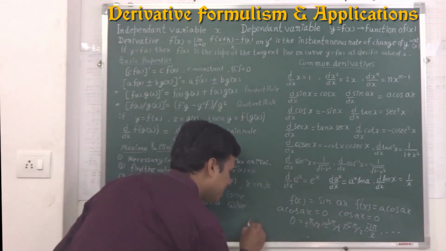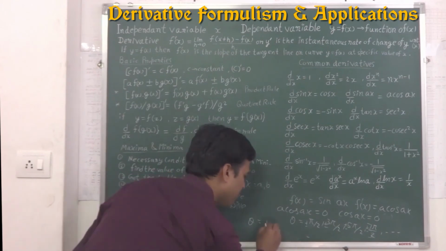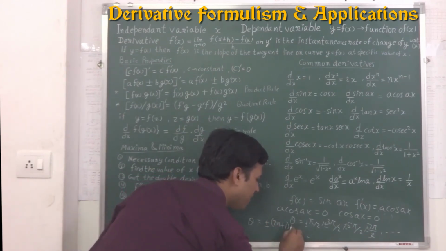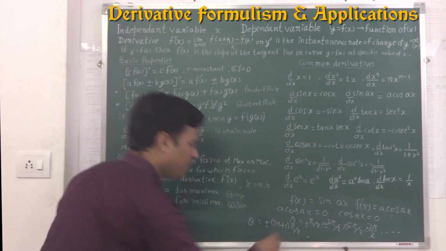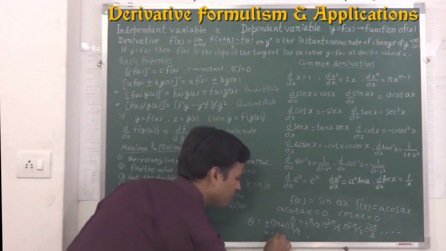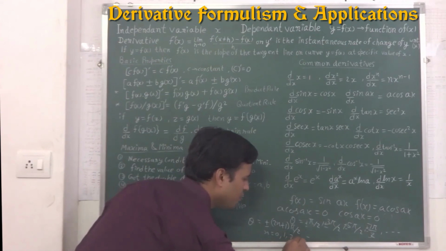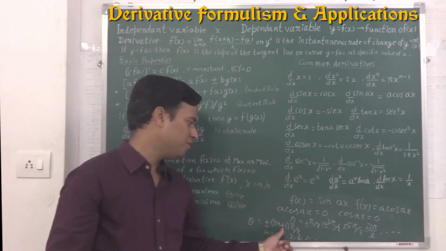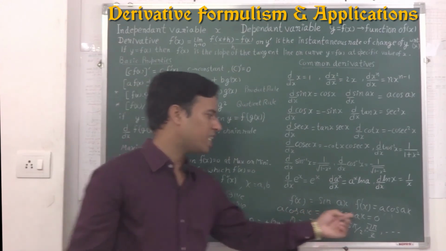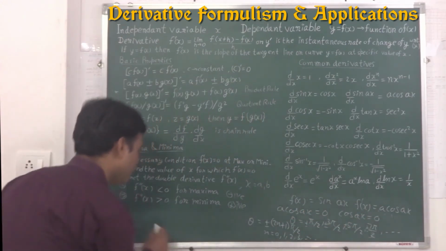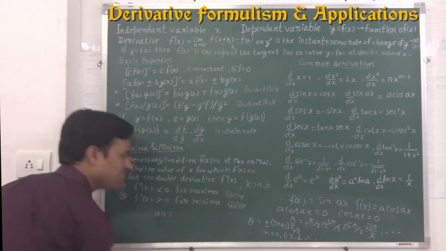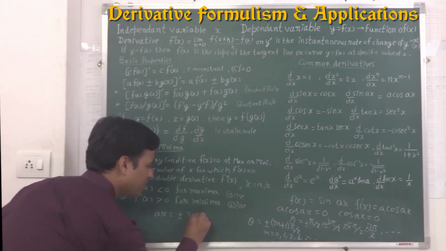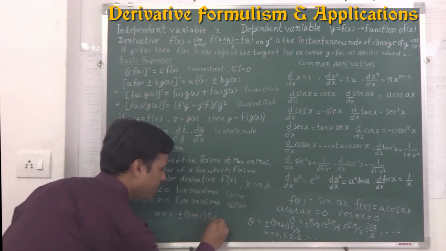Or we can write theta is equal to plus minus 2n plus 1 pi by 2 for n equal to 0, 1, 2, 3 and so on. So for these values we have cos ax equal to 0, so we can write here ax is equal to plus minus 2n plus 1 pi by 2.